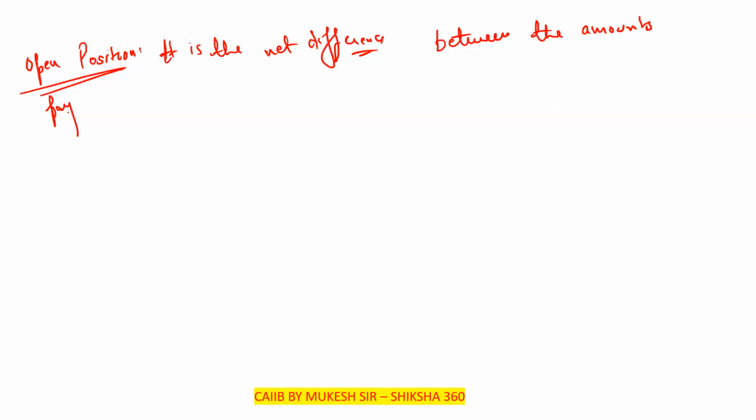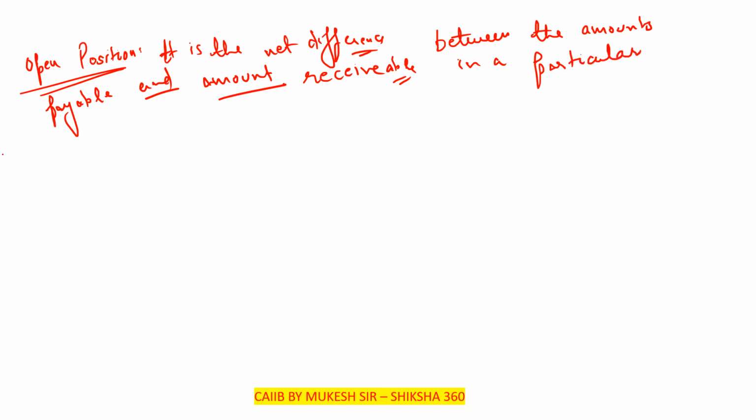Basically it is the net difference between the amounts payable and amounts receivable in a particular instrument or commodity. Clear?